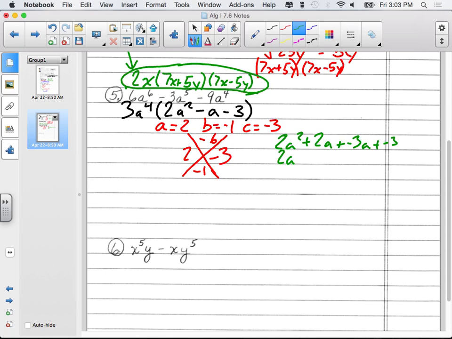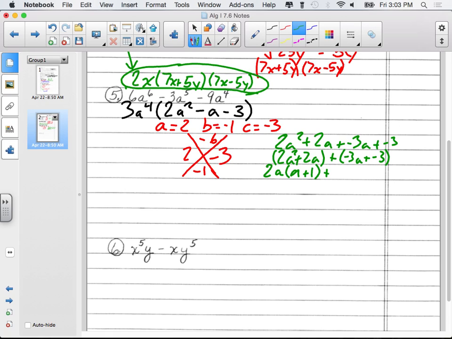All right, so 2a squared plus 2a, that's our first group. Plus -3a plus -3, that's our second one. Now I find the GCF of both groups, right? What's the GCF of the first one? 2a, what are we left with? a plus 1. Second group, what can we take out?